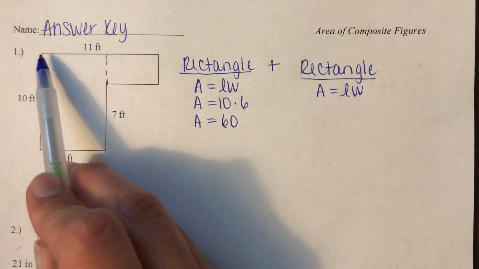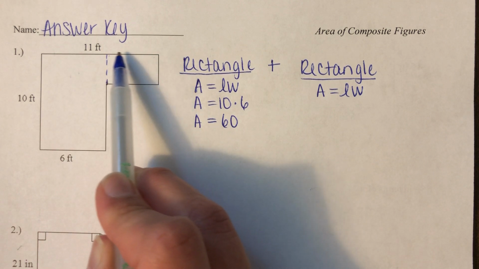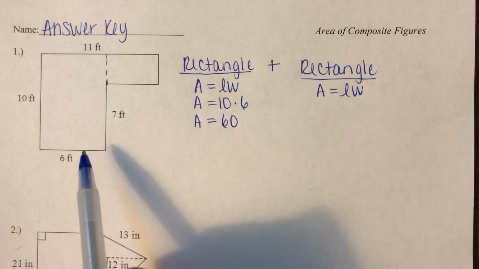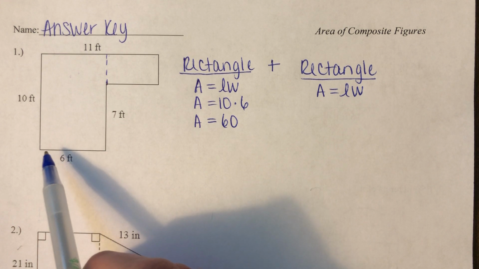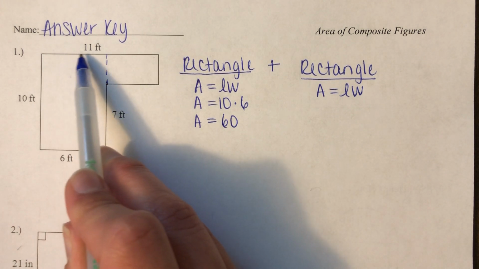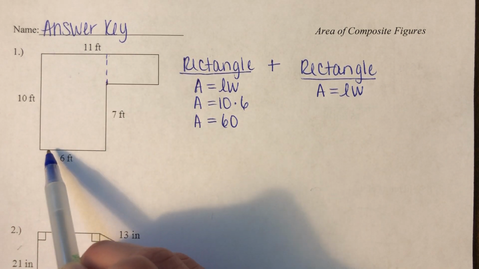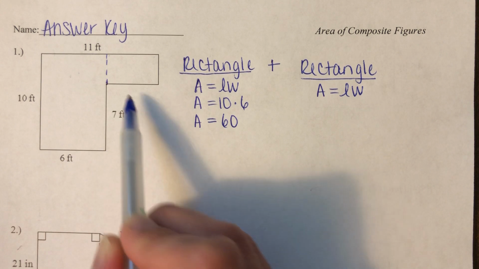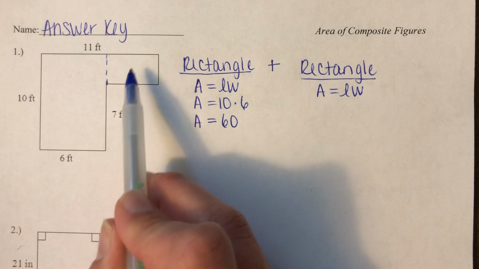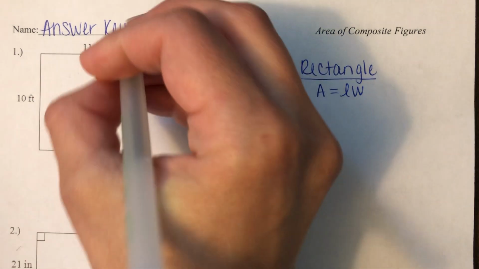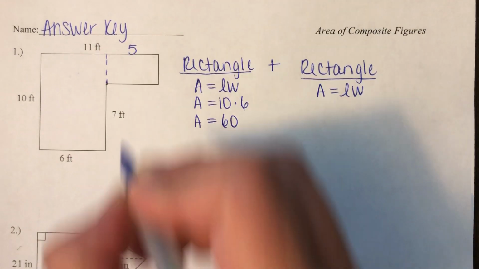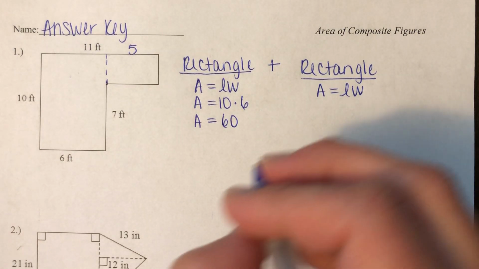So I'm going to look for another dimension that is also going horizontal, which is the 6 down here. So if this whole thing's 11 and this part is 6, that leaves 5 to be that dimension, because 11 minus 6 is 5.